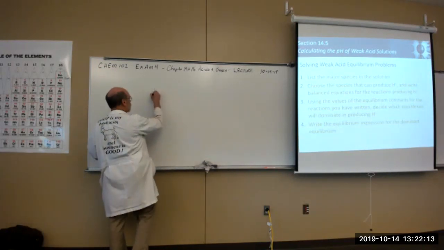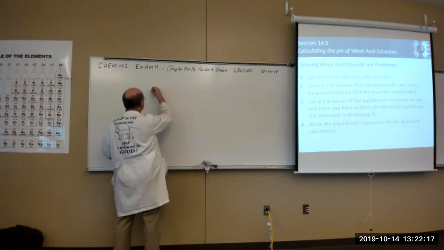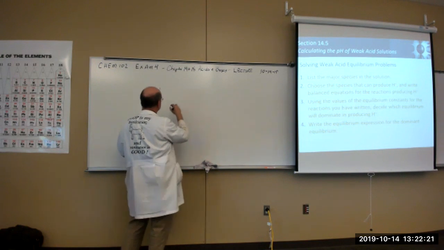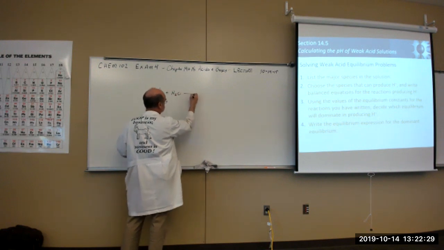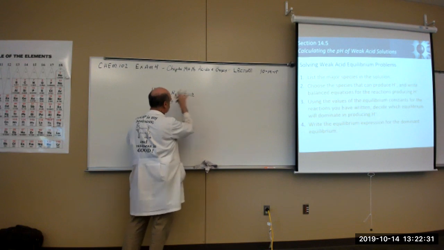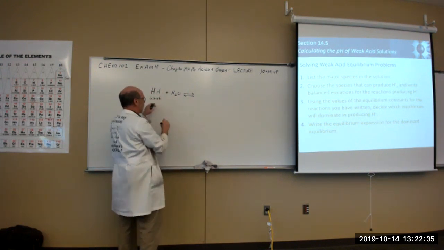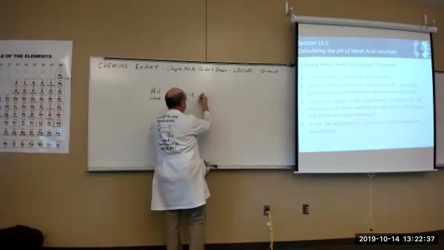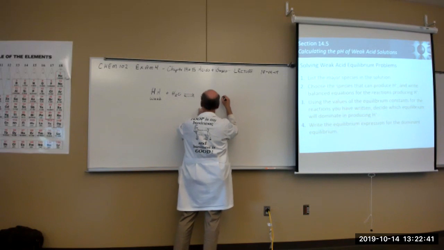So if we have the generic acid, right, and let's say it's going to react with water, for instance. Well, actually, both directions, because it's a weak acid, right? Weak acid. So it's going to produce the hydronium. That determines your pH.